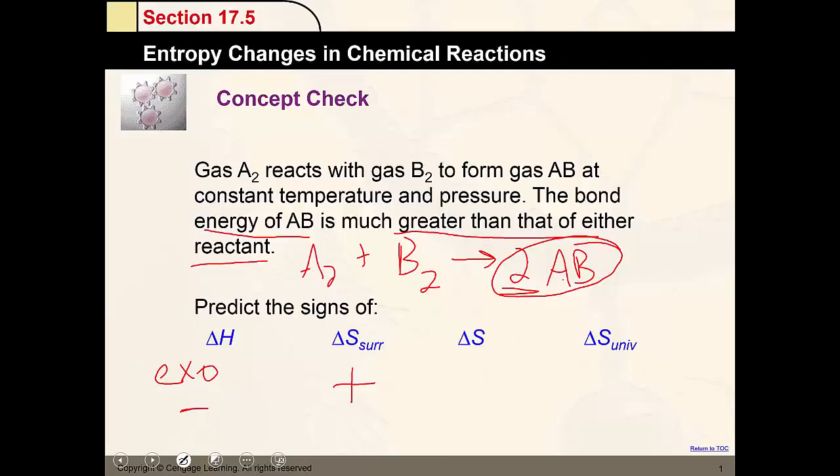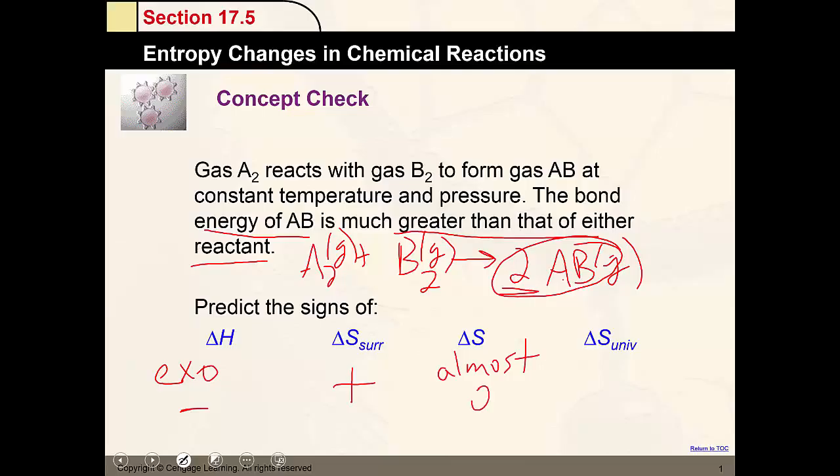Then, since here we have two molecules of gases on our reactant side, one molecule of A2, one molecule of B2, and then two molecules on our product side, we would expect the change in entropy of the system to be 0 or very close to 0. So we say it's around or almost 0.